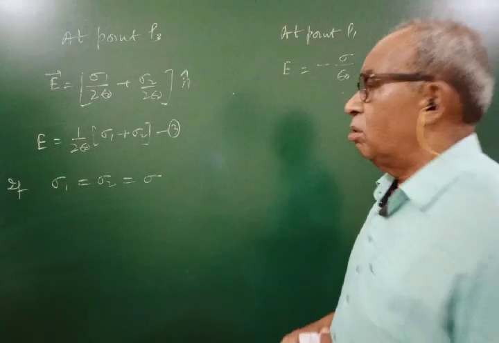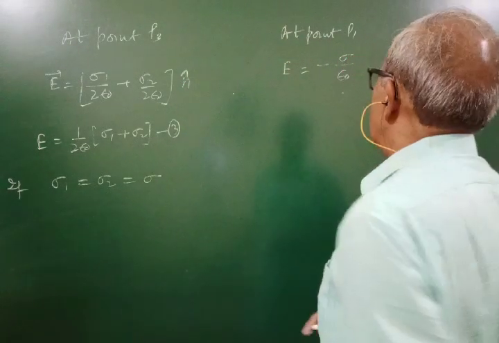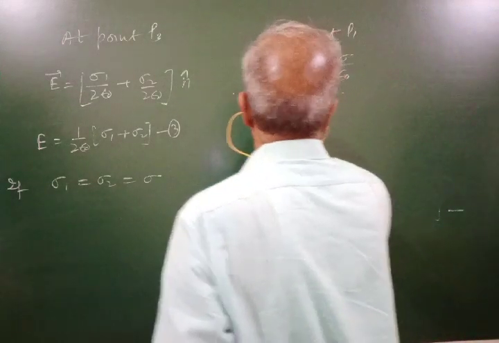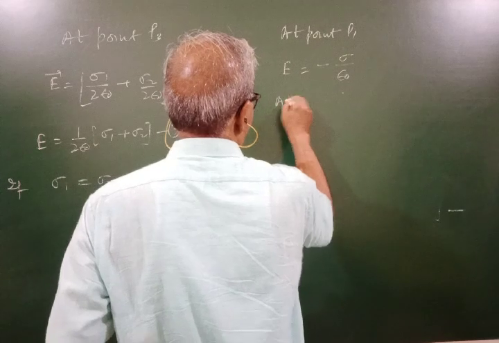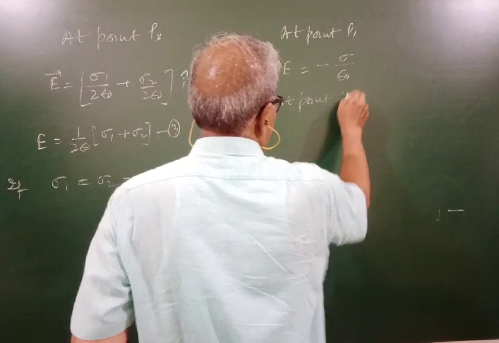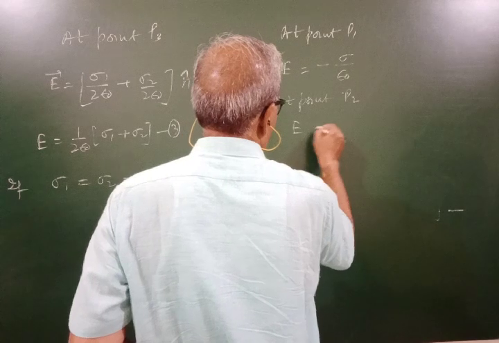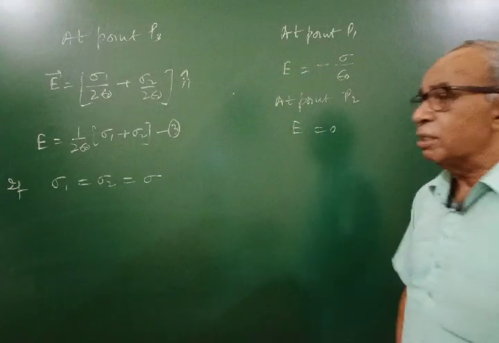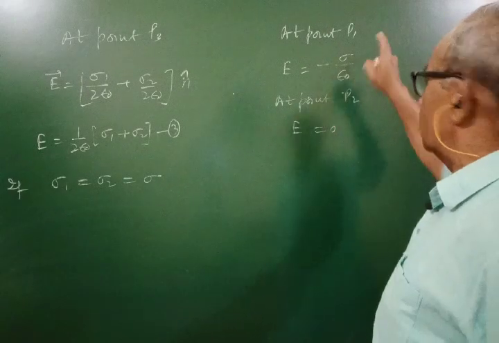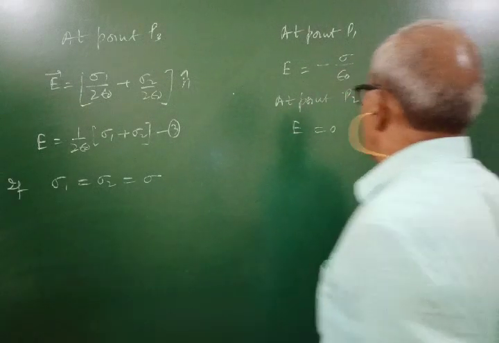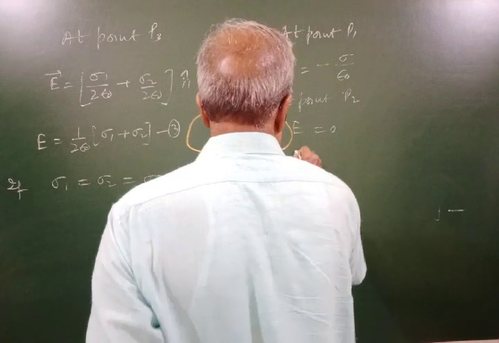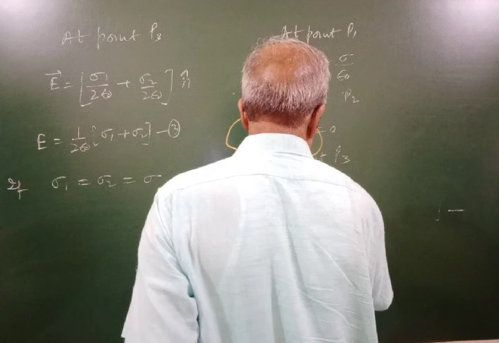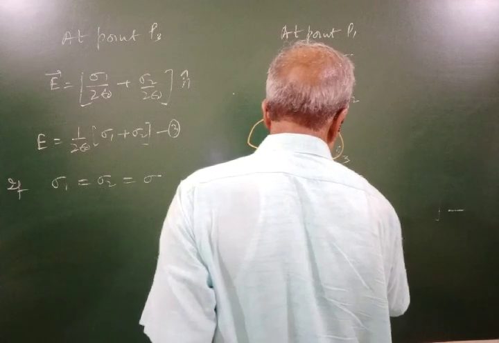Use equation 1, brother. Direction right to left. At point P2, E is equal to 0, because the field is 1 upon 2 epsilon 0 into sigma 1 minus sigma 2, and sigma 1 is equal to sigma 2 is equal to sigma. At point P3, E is equal to sigma upon epsilon 0.